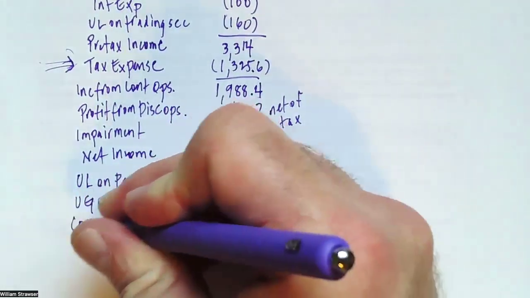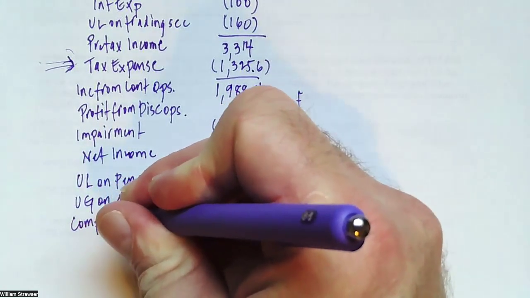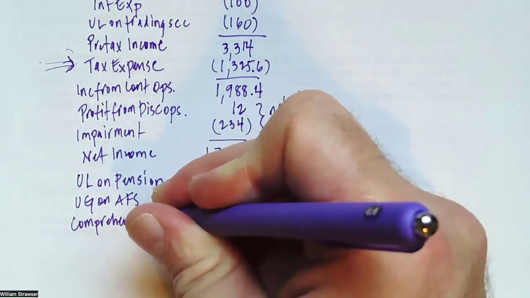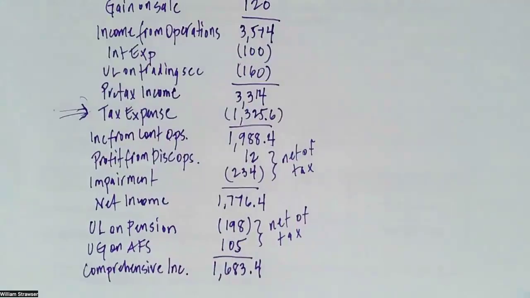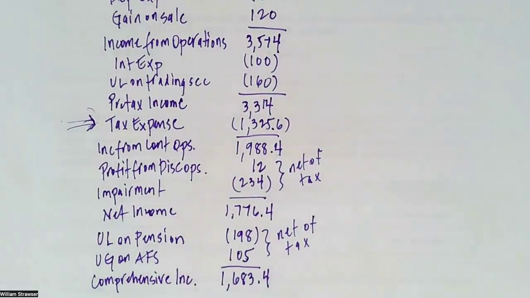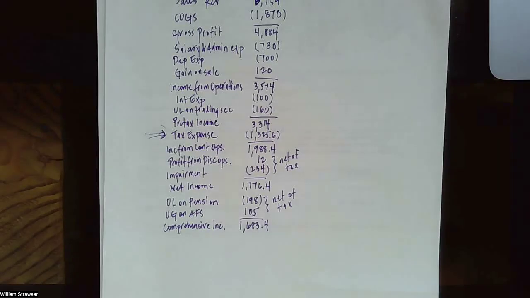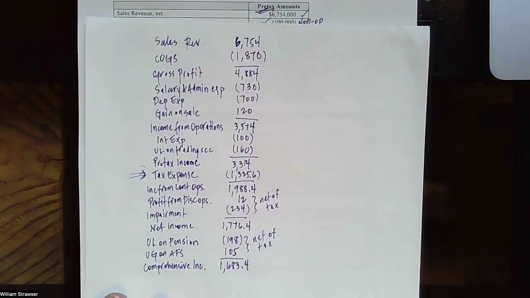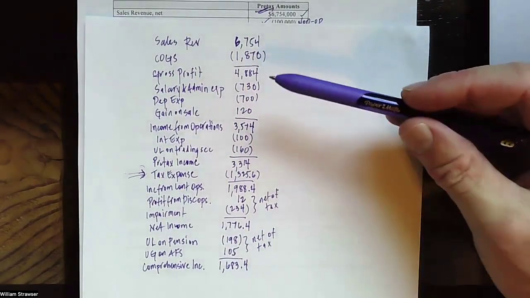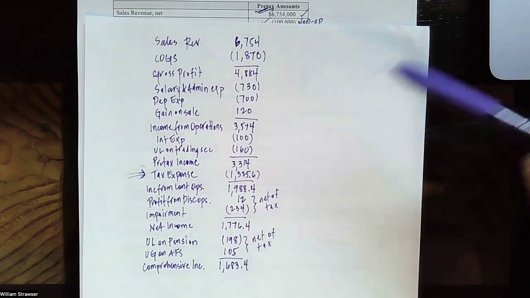Comprehensive income. So my advice in terms of studying is that you absolutely need to know the categories of these items, where they go.